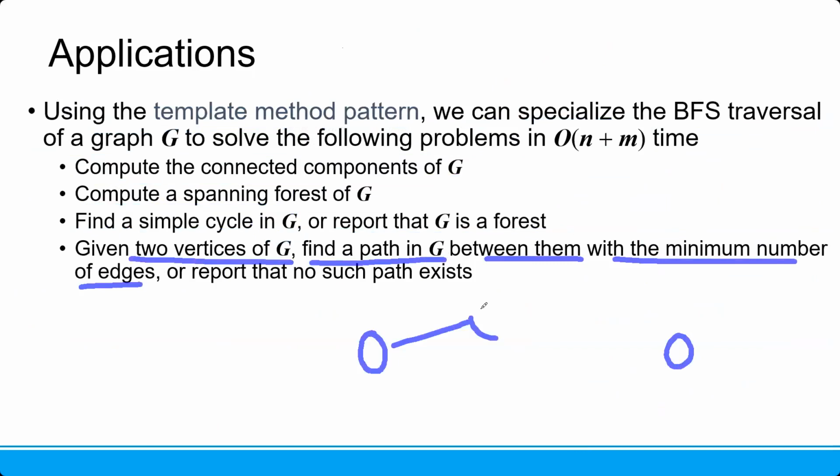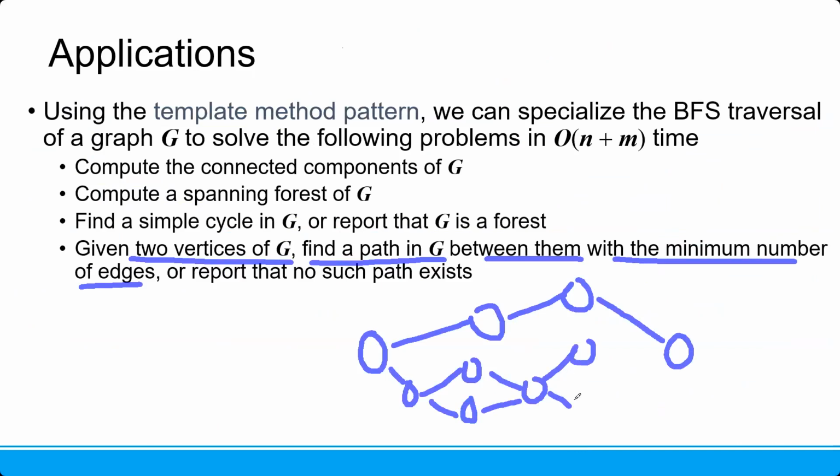If I have a graph like this one, I can try to use BFS to find a path. We want to find a path between U and B with the minimum number of edges. If I go from U to here, 1, 2, 3.